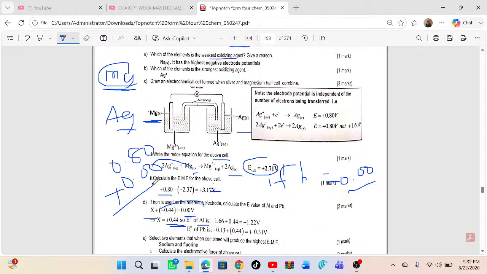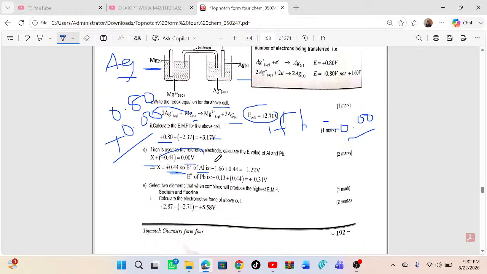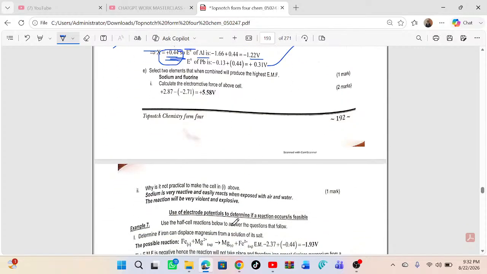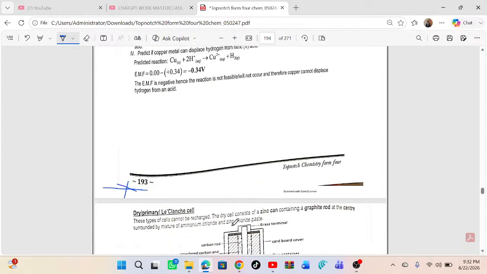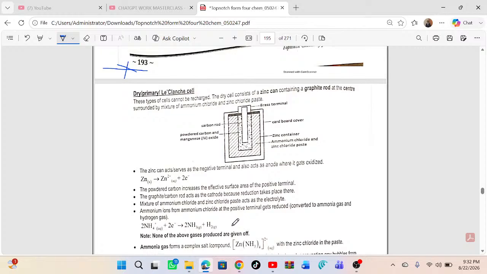Lakini saizi tutumia iron as a reference, that's 0.44. So we take whatever the value of the aluminum, which is negative 1.66, and then we add the reference, which is 0.44, and then we got it. And then we do the lead likewise. So that is electrode potential.